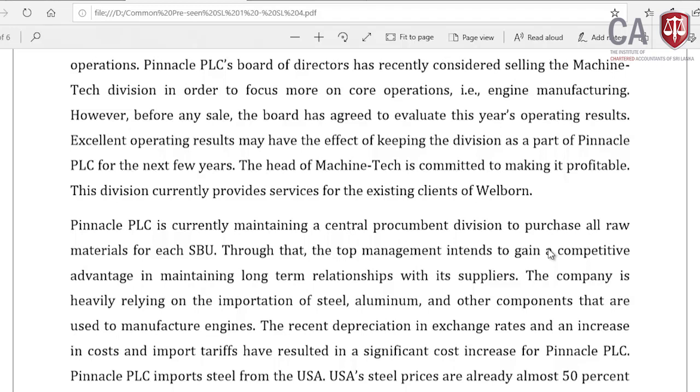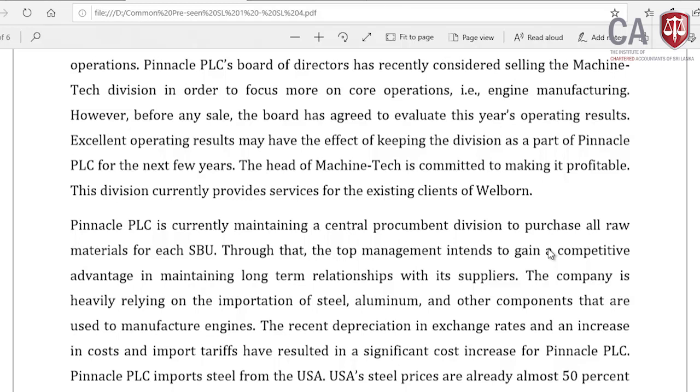It means one procurement division purchases the required raw material and then distributes it among the 3 divisions. Through that, the top management intends to gain a competitive advantage by maintaining a long-term relationship with suppliers. Top management wants to maintain a competitive advantage by having good relations with its suppliers.